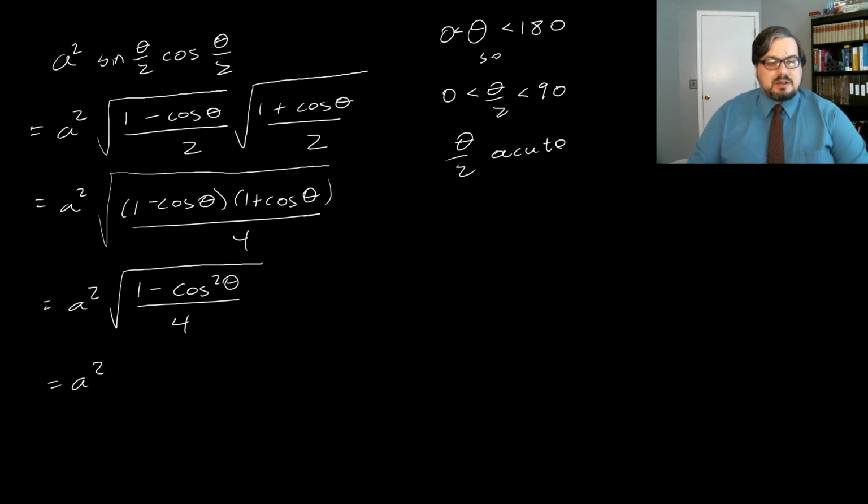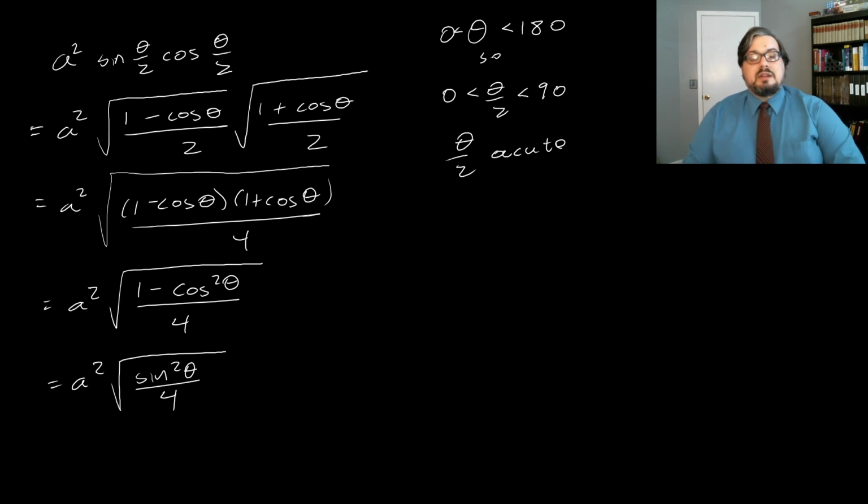So we get A squared times the square root of sine squared theta over 4. We can go from 1 minus cosine squared to sine squared by the Pythagorean identities.